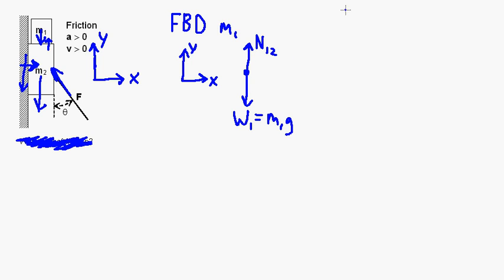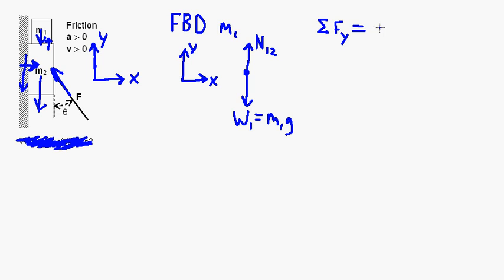So right away we can write our Newton's second law equations for mass 1. Sum of forces in the x direction: there are no forces at all in the x direction, so don't even bother to write the equation in the x direction because it's 0 equals 0.